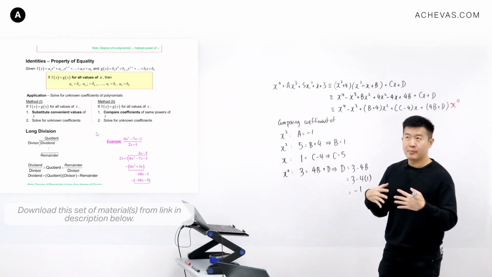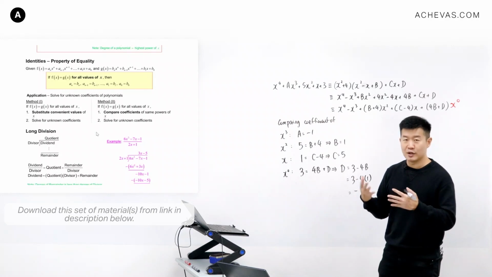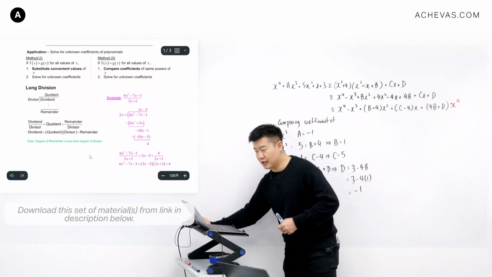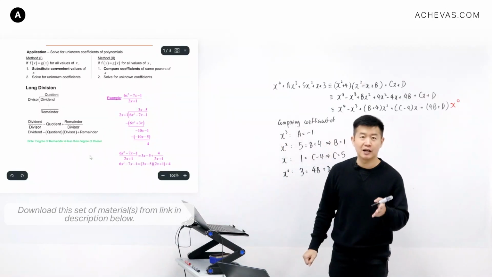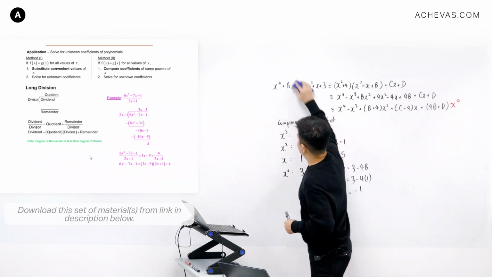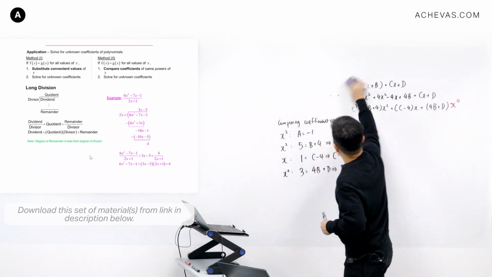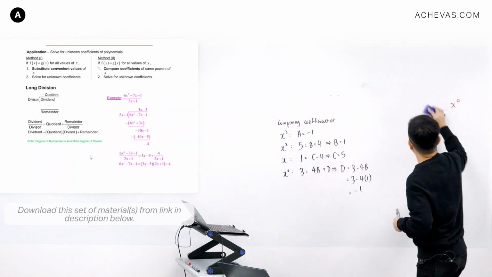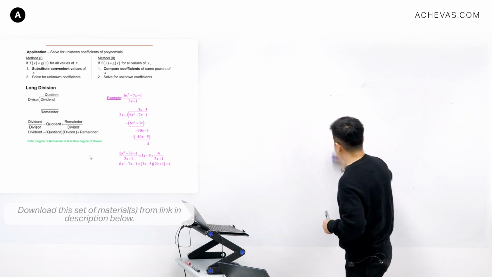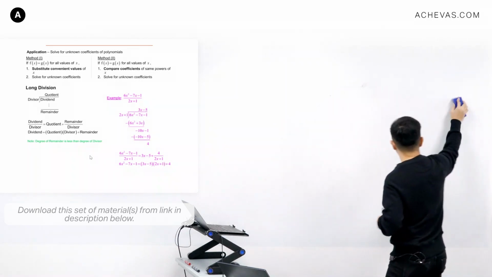Let me show you another process that is very much related to polynomials. It is this idea of conducting a long division, conducting a division to polynomials. When we talk about division, and if I were to be making use of the notations for division, then for example, we have 7 divided by 3, let's say.